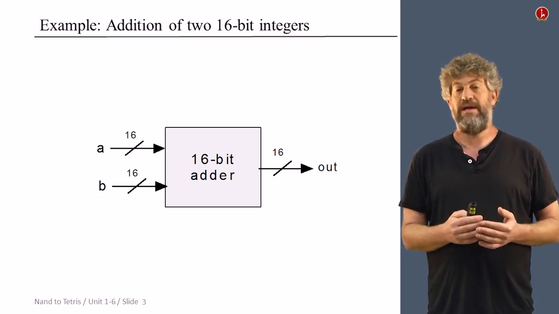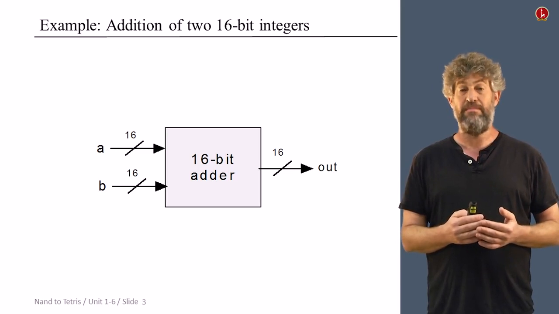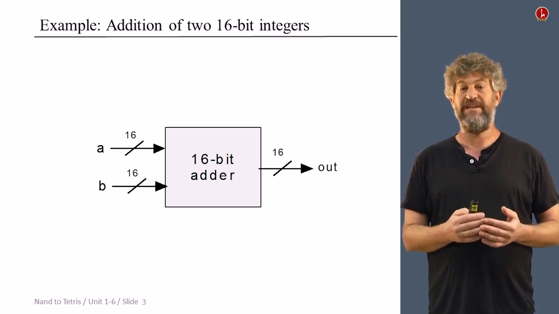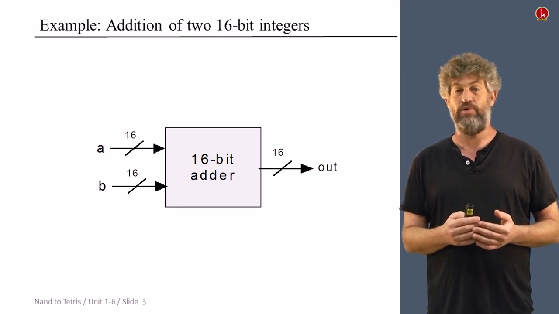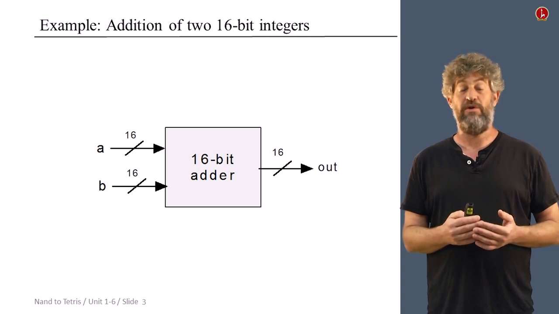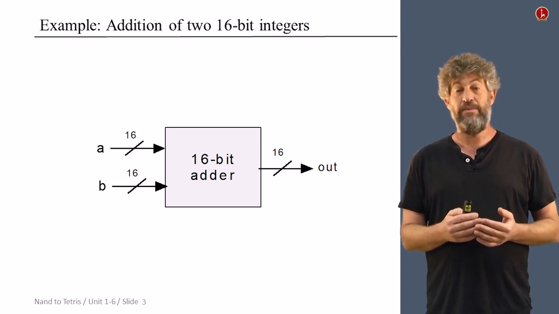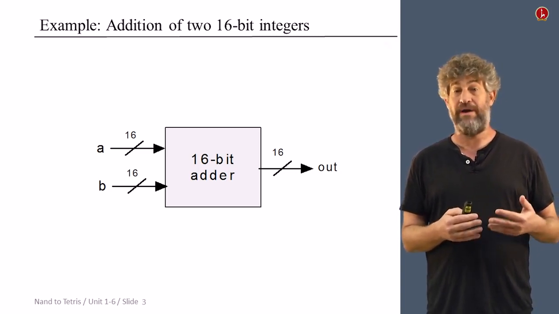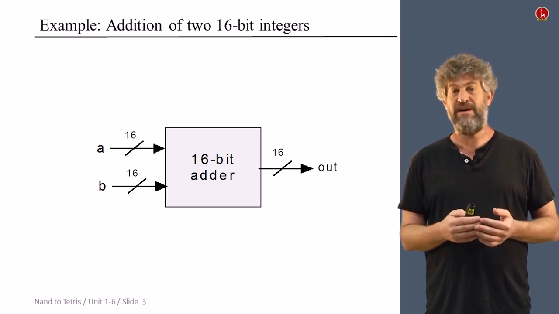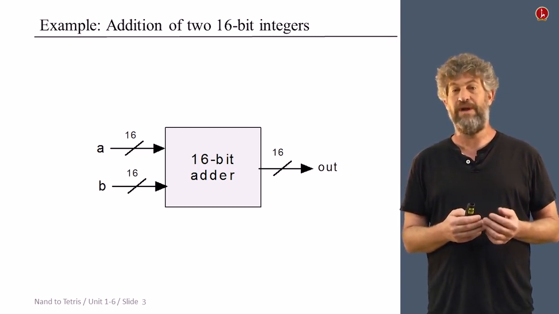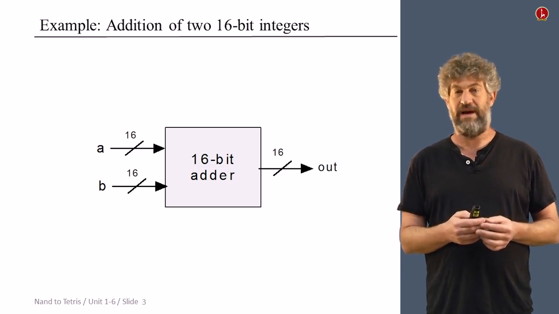So our chip that adds two numbers will be described as having two inputs, an A input, which is 16 bits, and a B input, which is 16 bits, and one output, which is out, which also has 16 bits. So in reality, our chip has 32 wires feeding into it and 16 wires going out of it, but still it's convenient to think about it as two numbers feeding in and one number coming out.